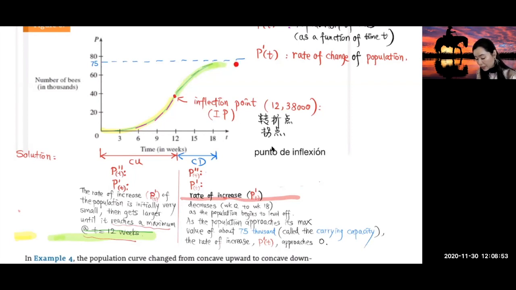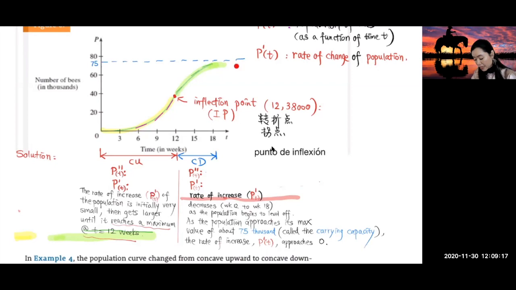So the rate of change decreases from week 12 to week 18 as the population begins to level off.